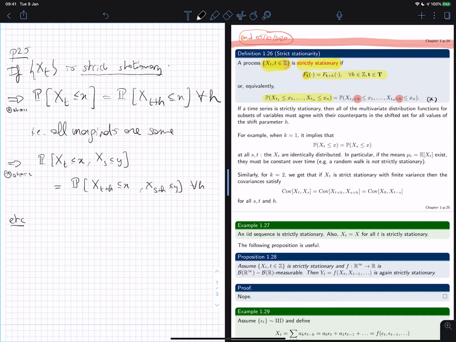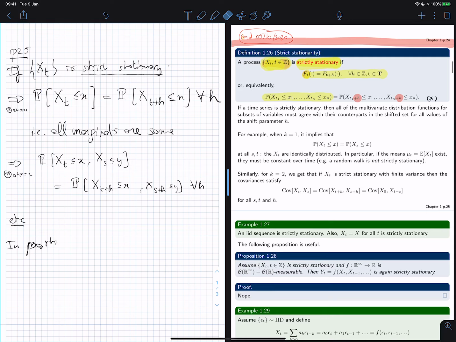Okay, so this will play a role later on. In particular, because all the marginals are the same, all the means are the same.